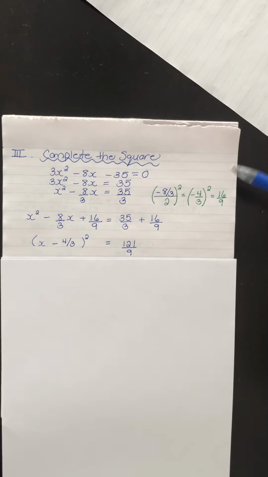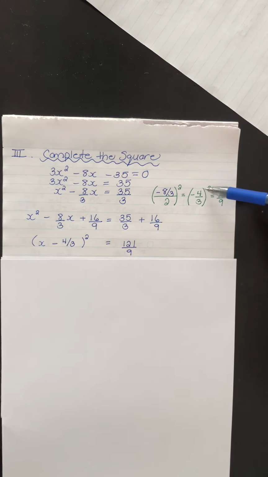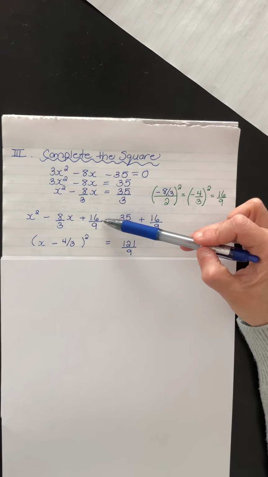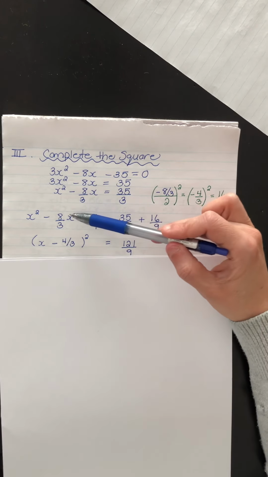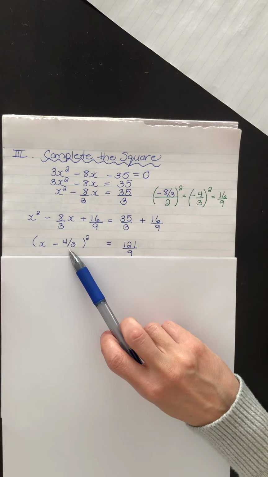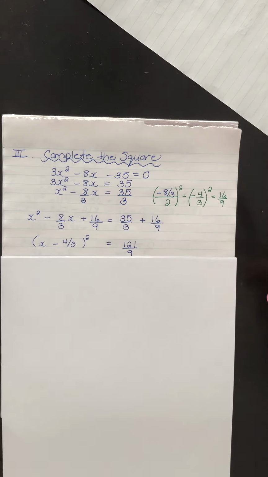We learned in our class that the number here will always be represented here after dividing by 2, but before squaring. So that's a little trick for you, but essentially it's product of 16/9, sum of negative 8/3. So the numbers are both negative 4/3. So that's why this is the factored form of the trinomial.